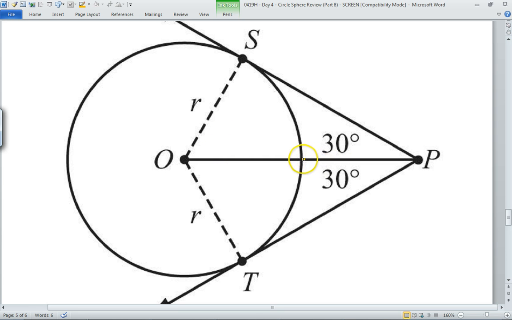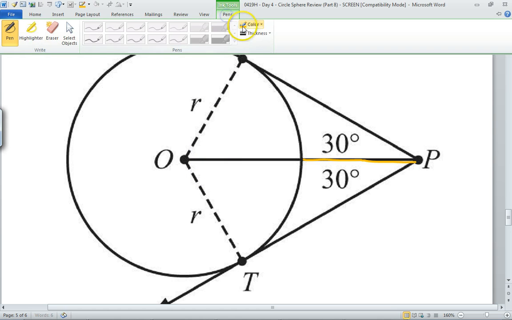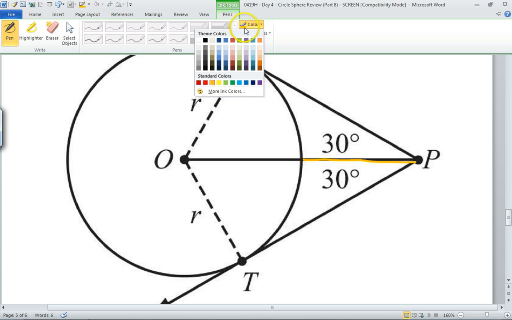So we're still being asked to find this length right here, but we're supposed to use r. So here we go. R again is the short leg. If r is the short leg, that means that the hypotenuse is 2r.